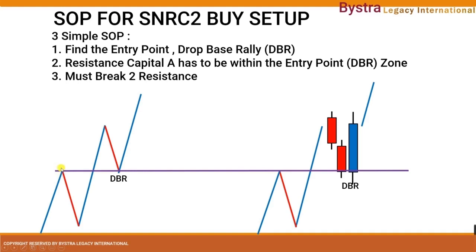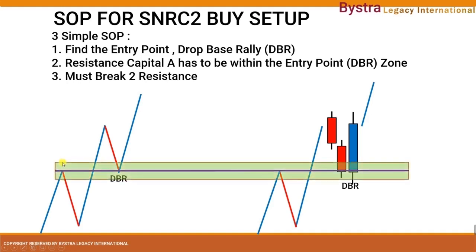Very good, guys. So next, what should we do? We mark the zone. For this SNRC2, how do we mark the zone? It is a little bit different than the SNRC1. The SNRC1 will mark the zone according to the body base of the drop base drop or the rally base rally. For SNRC2, there is no specification of how you want to mark the zone.